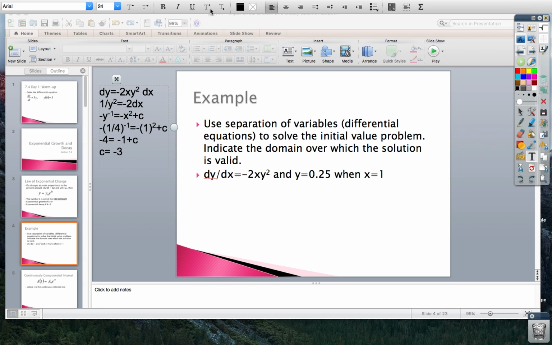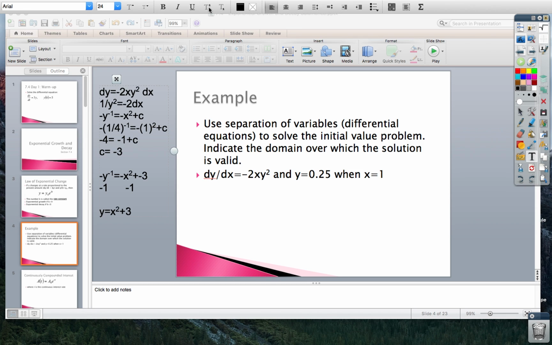And then we can substitute that into our original, which is negative y to the negative first power equals negative x squared plus negative 3. If we simplify this a little bit further, if we divide by negative 1 on both sides, we end up with y to the negative first power equal to x squared plus 3.